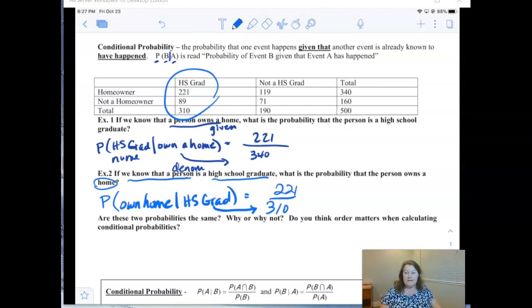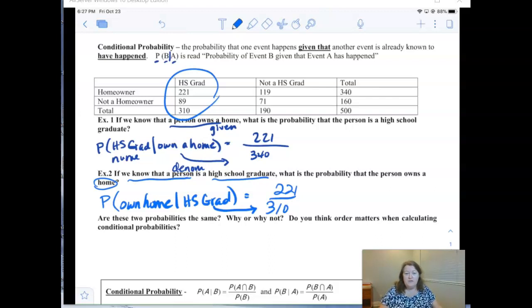All right. And they said, are these two probabilities the same? No, they're not. They have different denominators, but they have the same numerator, right? It says why or why not? Well, because they're using different groups. The top number is the one that has both in common, but the first one was how many are high school graduates and own a home from the own a home group, and the second one is how many own a home and are high school graduates from the high school graduate group.